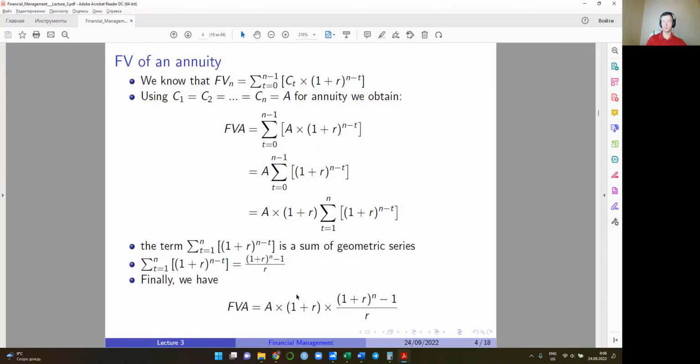It's much simpler to evaluate the future value of an annuity consisting of 10, maybe 200 payments, than to evaluate future value separately for every single element, like we did in the previous lecture.